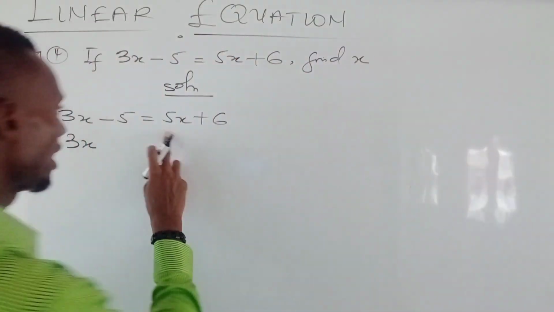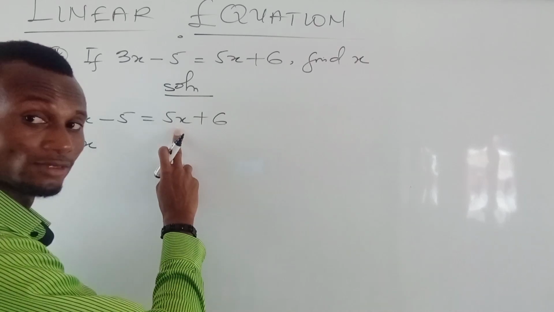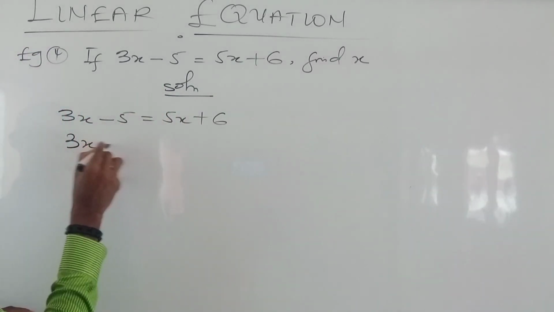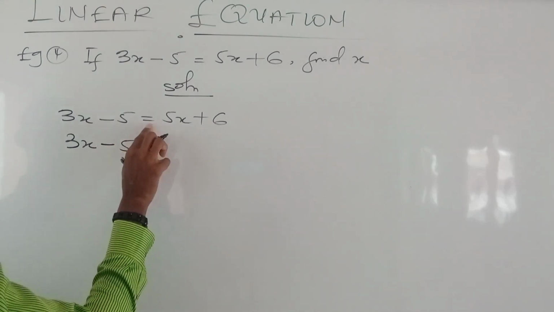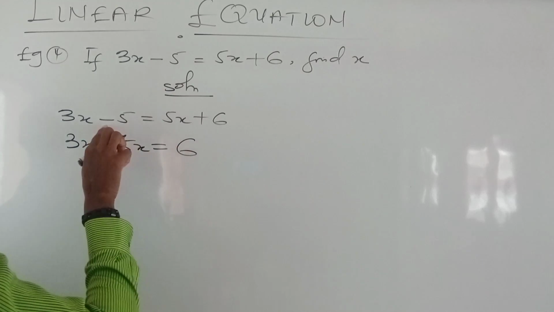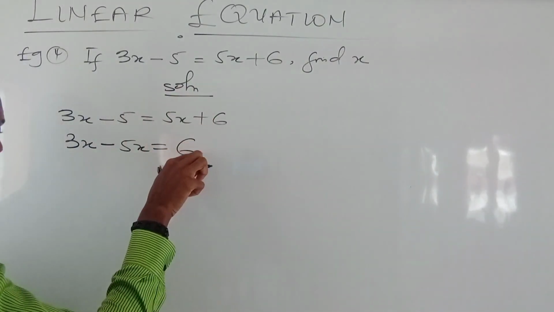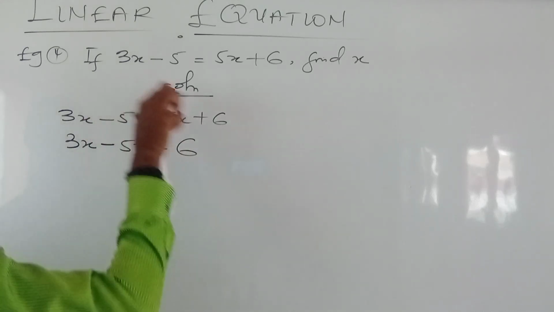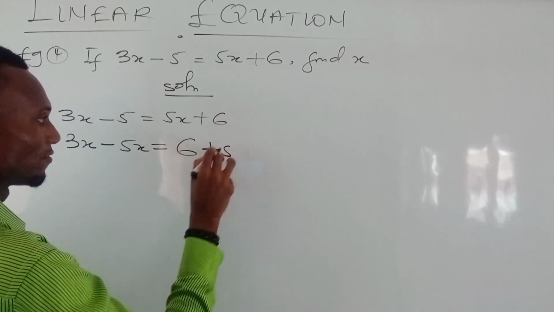So now the 5s here is positive, so when it crosses the equal sign and comes here, it becomes negative, so minus 5s. Bring your equal sign which is here, your 6 is here, so write your 6. Then this minus 5 will also cross the equal sign and come and join the 6 which is here. When it crosses the equal sign, it becomes positive 5.